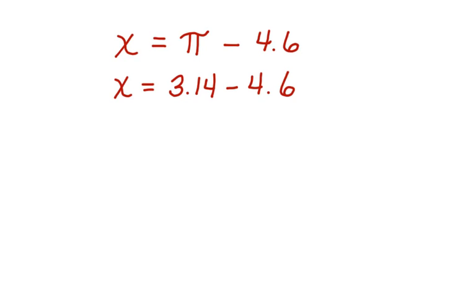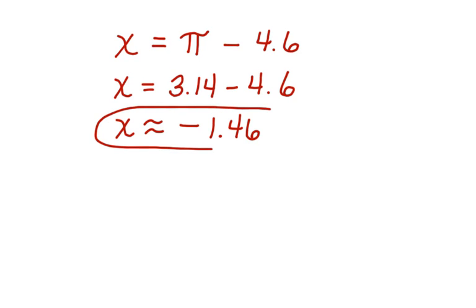Now I'm going to find the difference between these two values, and because 4.6 is larger and I'm taking it away from 3.14, x is approximately negative 1.46. This is now my answer.